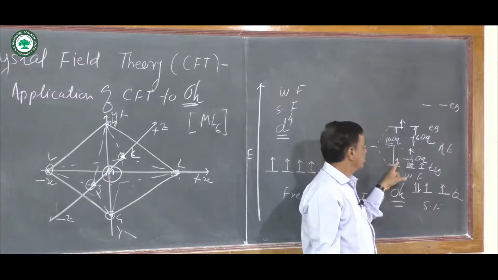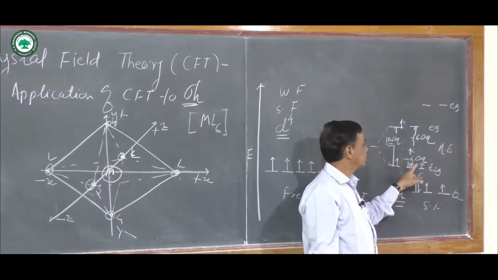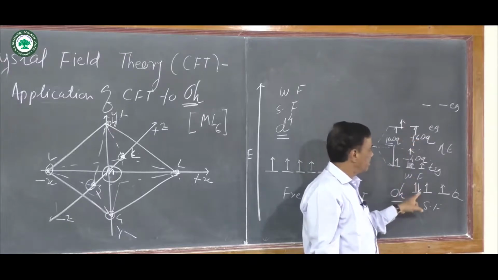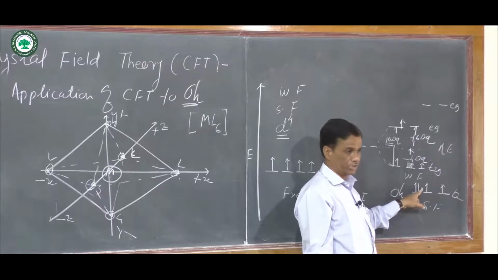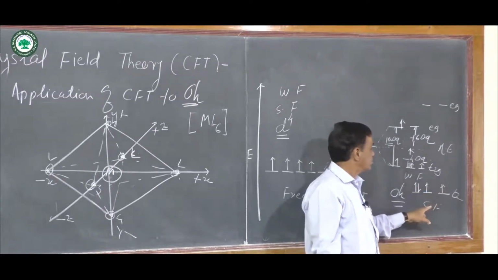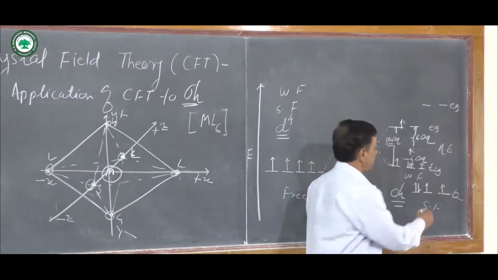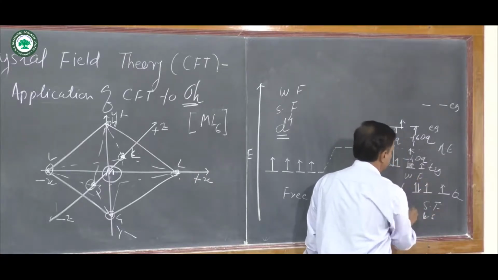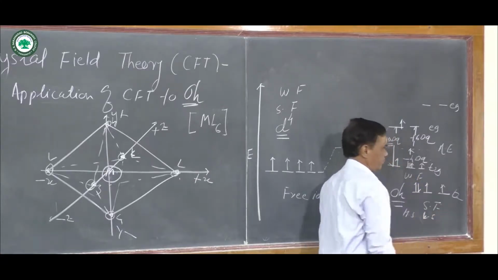Here spin is 1/2 plus 1/2 plus 1/2 plus 1/2. But here, 1/2 plus and minus 1/2 is equal to 0. So strong field is known as low spin, and weak field is known as a high spin complex.